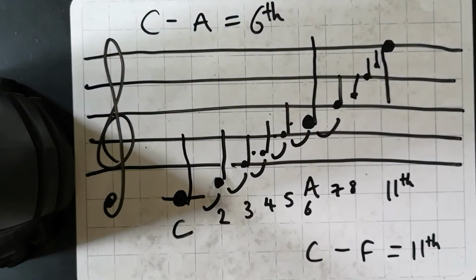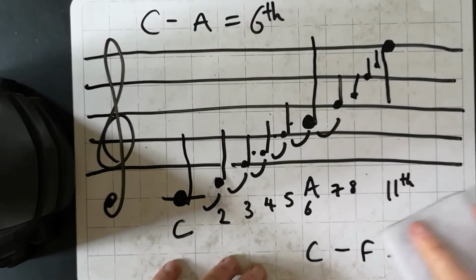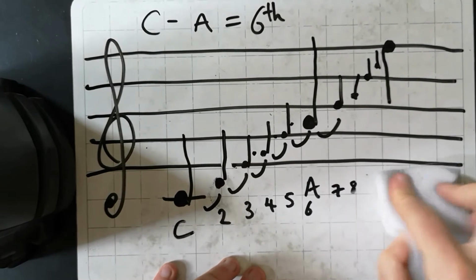So there's a bit more to do with intervals. I'm going to give you a few notes and I want you to tell me the distance between them. So let's rub this off.